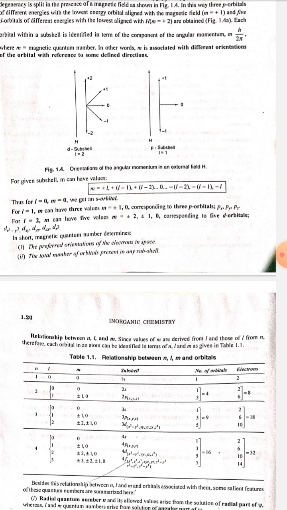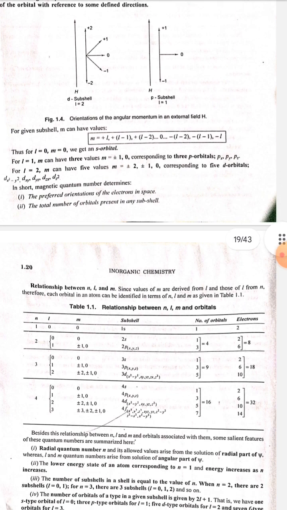Relation between n, L and m: since the values of m are derived from L and those of L from n, each orbital in an atom can be identified in terms of n, L and m as given in table 1.1.